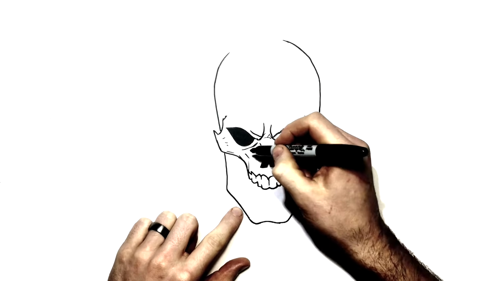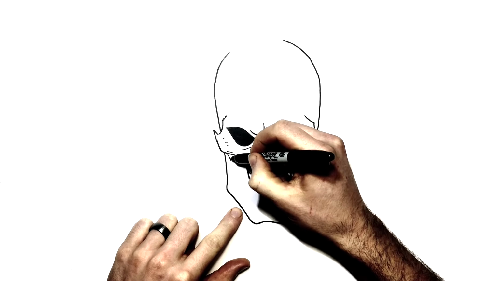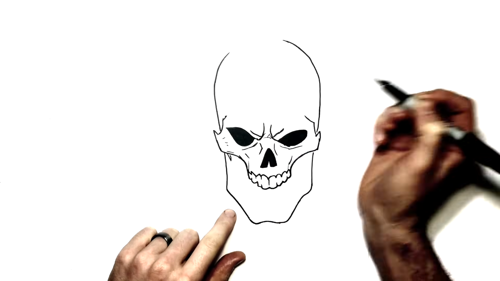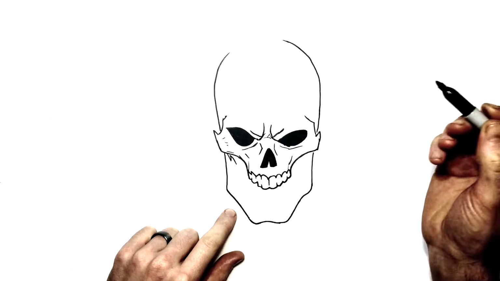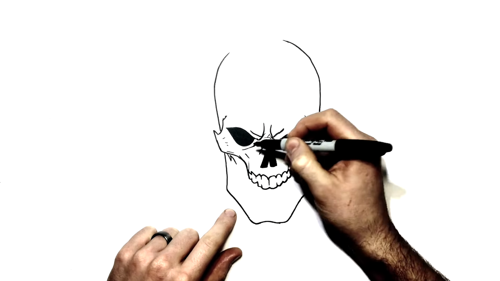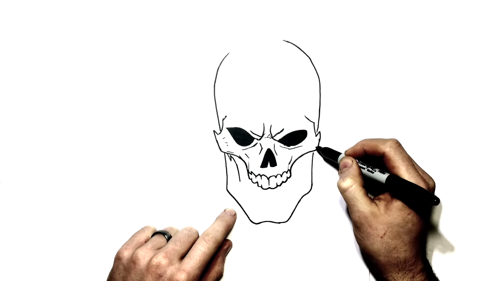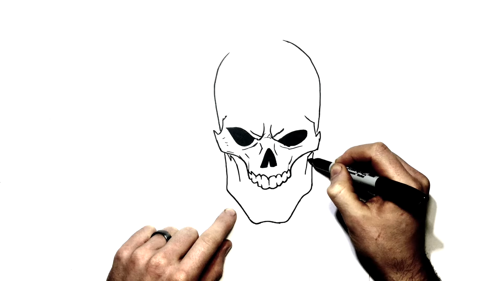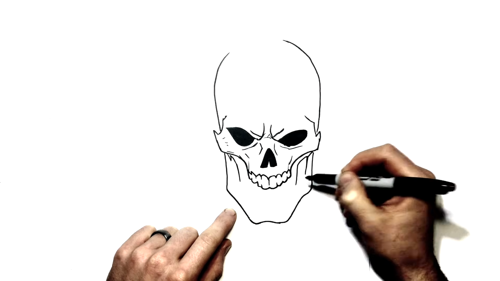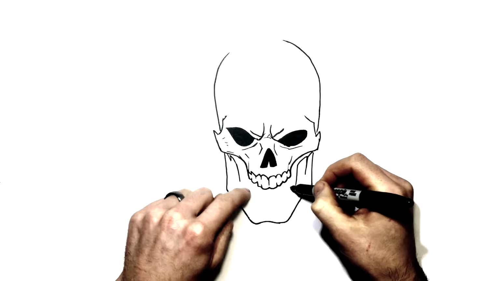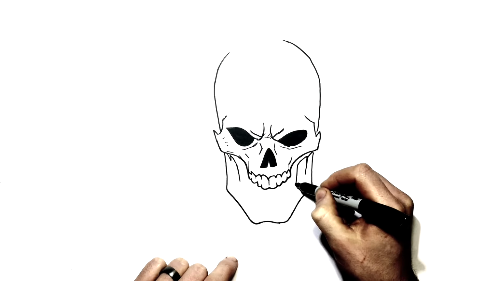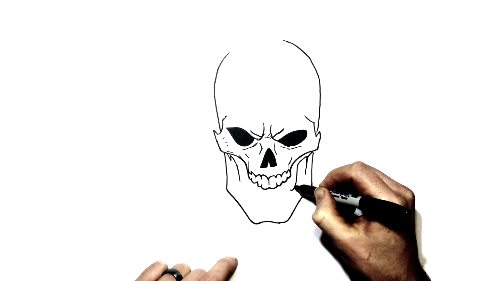So what we'll do is we'll draw the dark section. So we have a little triangle there, and then it starts to come down just like that. It's pretty similar on the other side, coming down, and in here is all dark and there's teeth around here. So this one comes up.